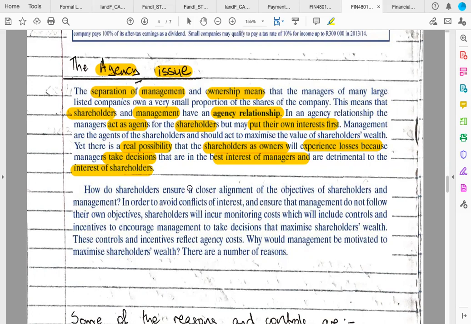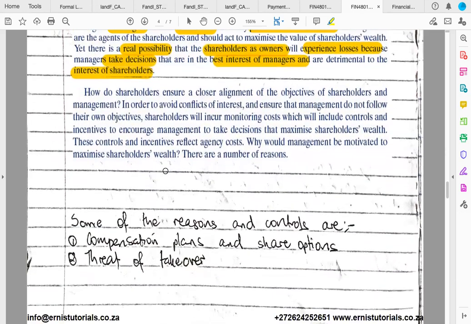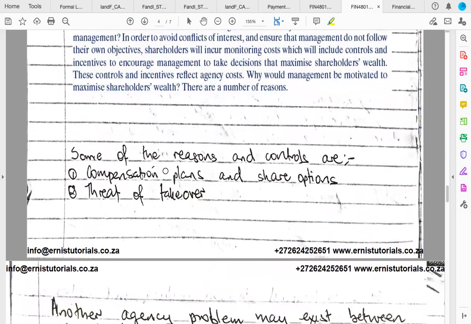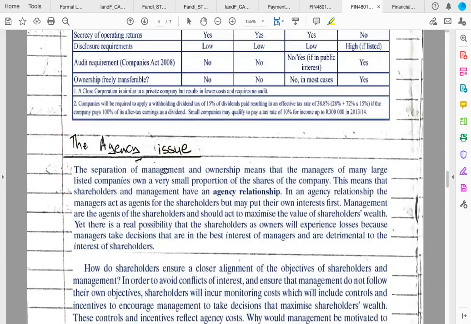A manager is an agent acting on behalf of the shareholders, but you might find that the manager as an agent might decide to act in their own best interest. And when a manager decides to do that, we call that an agency problem or an agency issue. So shareholders usually have some mechanisms that they can put in place to try to prevent the agency problem.